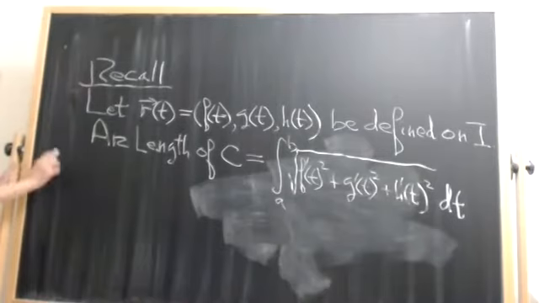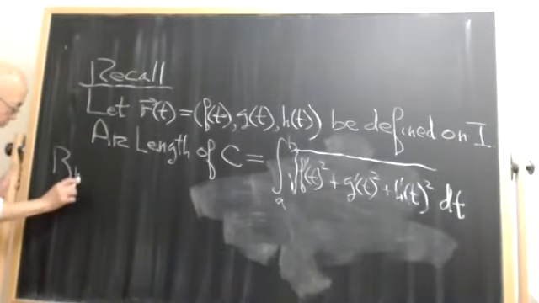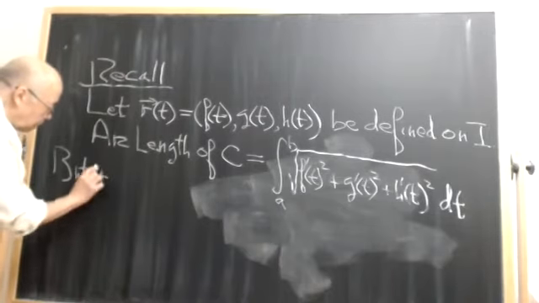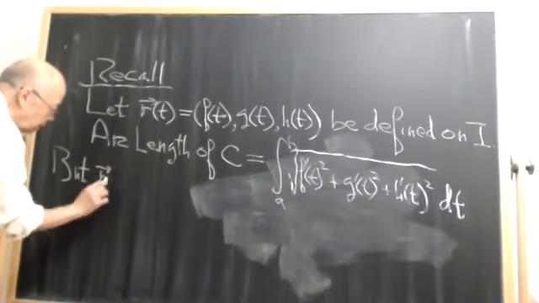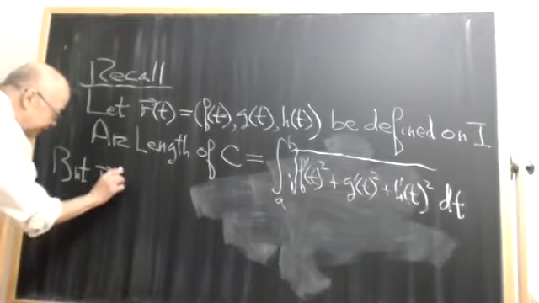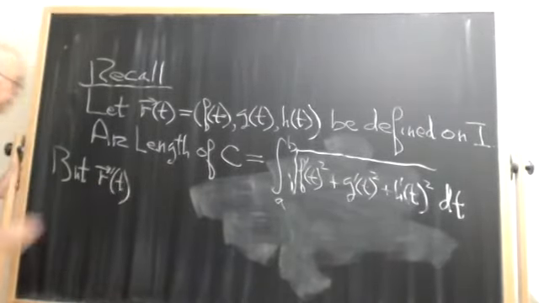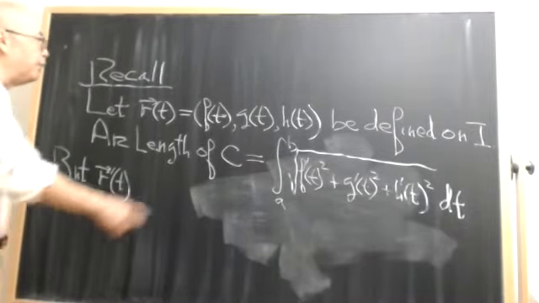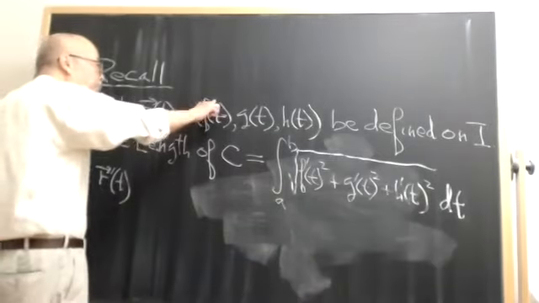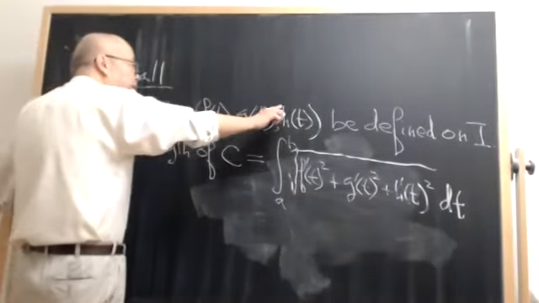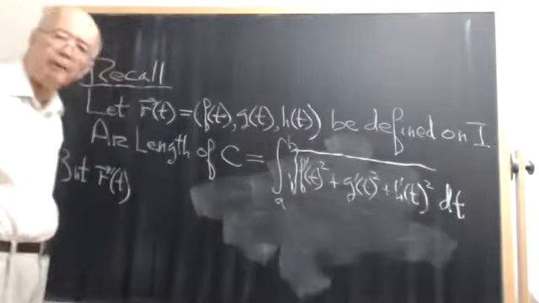So when you differentiate the vector valued function, then you are going to have f prime t, g prime t, and h prime t.